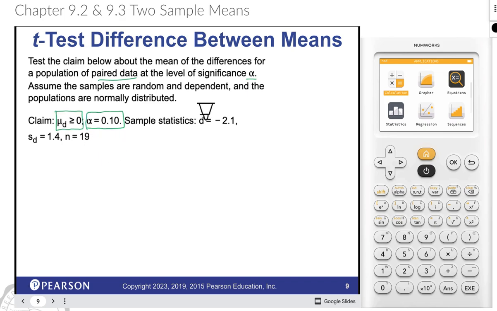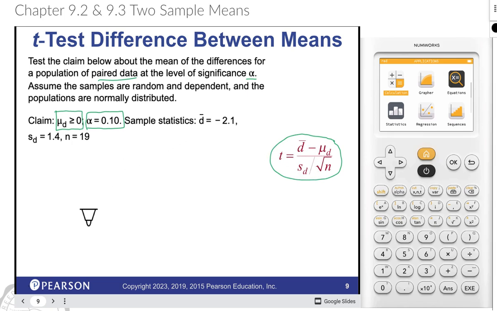So again, we don't have a feature in the NumWorks to set this up directly, but what we can do is manually calculate the t-value with this formula. So this is going to be important to have in your notes, ready to use as you go through things. We're going to calculate the t-value, and then we will go to the distributions feature to set it up for us.